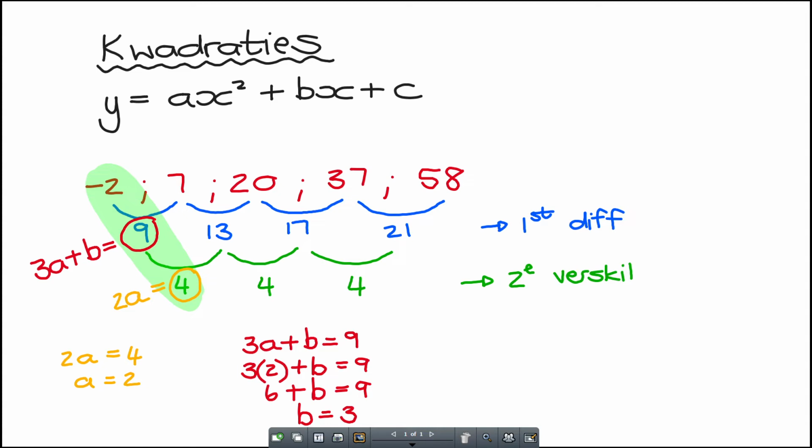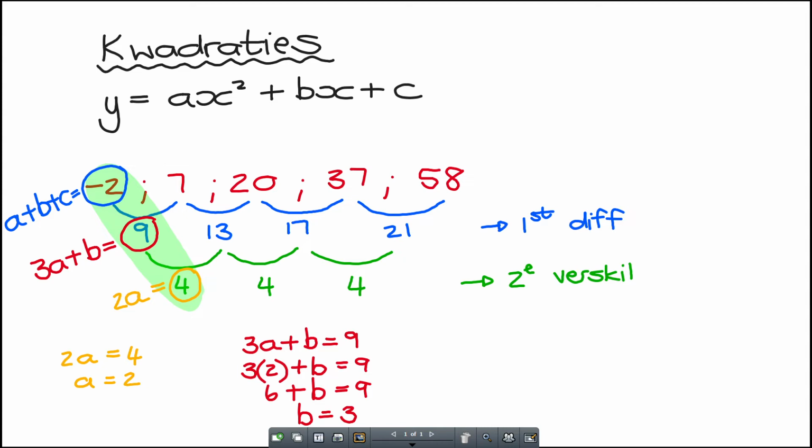Right. So we've got A, we've got B. Nou soek ons nog vir C. Nou om vir C te gaan kry, gaan ek sê ons gebruik daai waarde en die formule gaan wees A plus B plus C is gelyk aan.